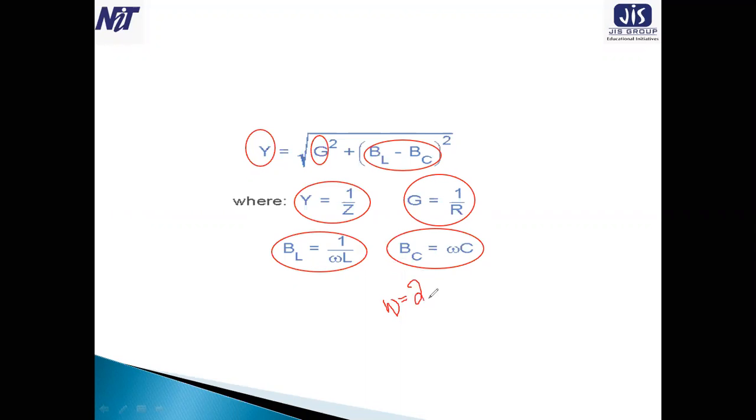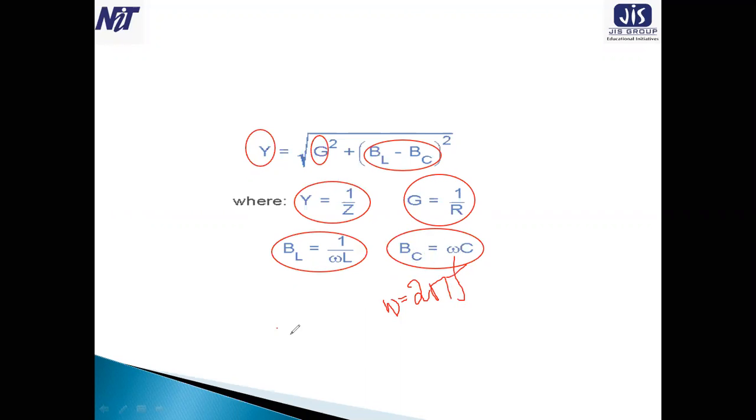Omega equals 2 pi f, where f is the frequency. It is 50 hertz, or somewhere it is 60 hertz. So depending on the problem, you need to use that value to solve it.